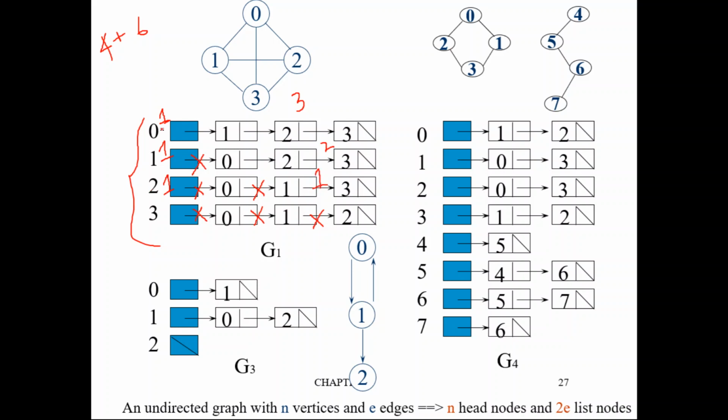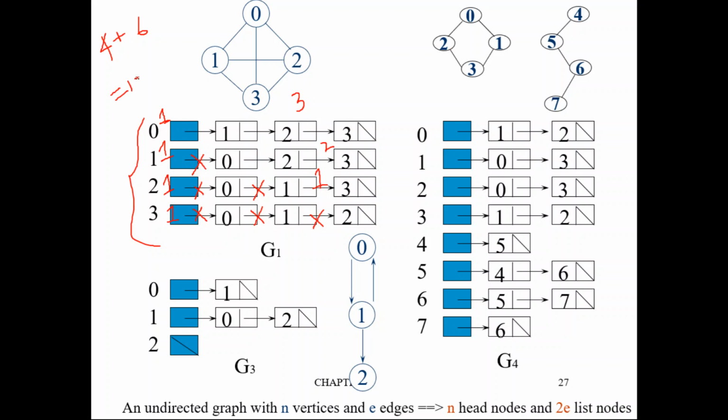How many in total? 3 plus 1 is 4, 4 plus 1 is 5, 5 plus 2 is 7, 7 plus 1 is 8, 8 plus 1 is 9. Anyway, you have to come to 3 and check, but all these are already done. Still you have to count this. So you count everything: 4, 4 plus 3 is 7, 7 plus 2 is 9, 9 plus 1 is 10. So totally 10 comparisons.